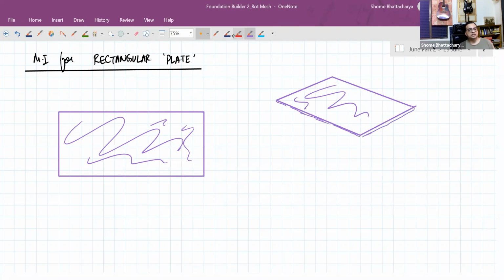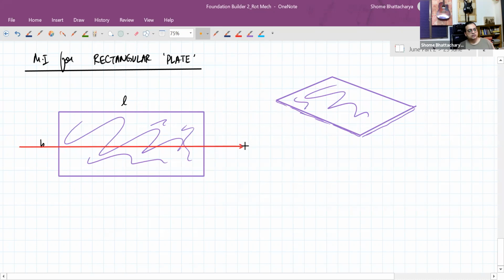Let's say the dimensions are L on this side and B on this side. Now, if I consider the plate to lie in the XY plane such that the x-axis bisects the width and the y-axis bisects the length, and naturally, O is the center of mass.